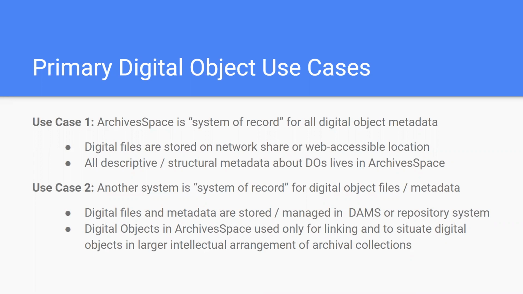In this use case, your files and metadata about those files are stored in some other repository or system. And then digital object records in ArchivesSpace are really only used for linking out to those records or files in another system and for situating digital objects in the larger intellectual arrangement of archival collections that you describe in ArchivesSpace.